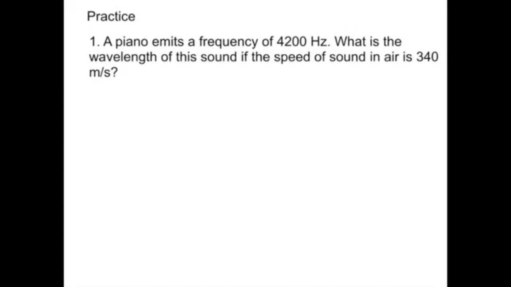Let's do some practice problems with wave properties. Number 1. A piano emits a frequency of 4200 Hz. What is the wavelength of this sound if the speed of sound in air is 340 meters per second? So I have this equation that I defined before, where velocity of a wave is equal to wavelength times frequency.